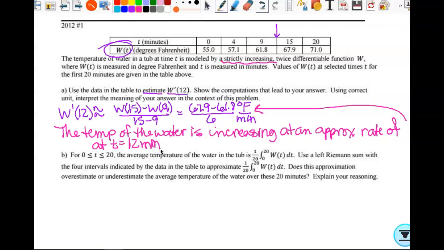So I used my minutes in here. This is my value with my units on there.